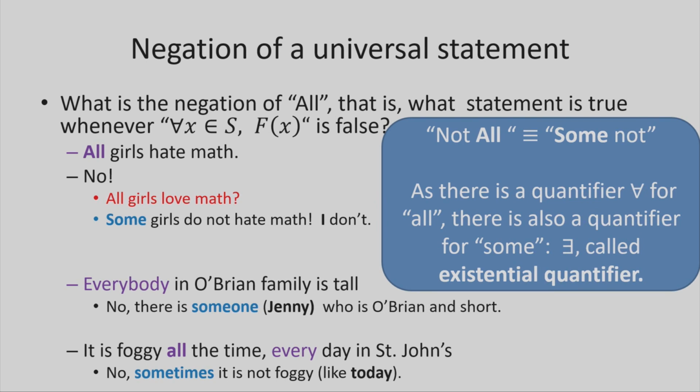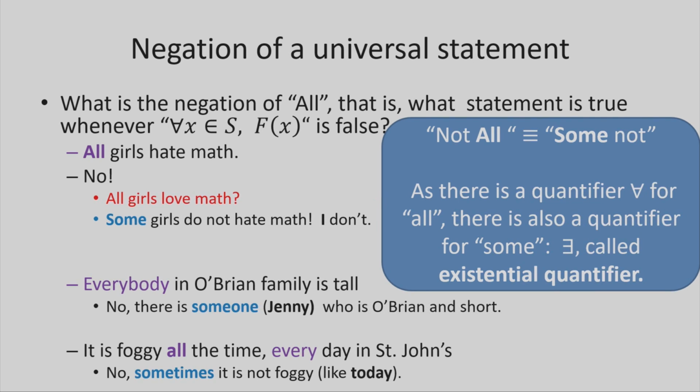If you want to say that all is not true, that means that for some, the not of that formula is true. All girls hate math, some girls do not hate math. So you switch the quantifier and the not, and the quantifier flips. All becomes some.